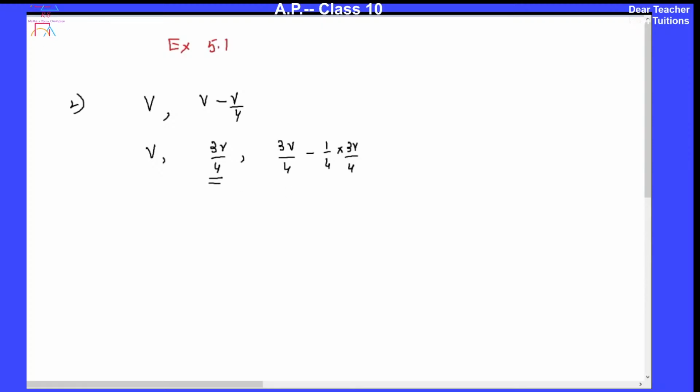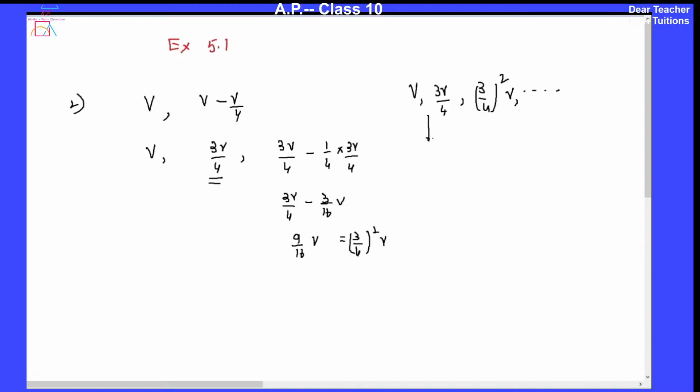Now next time, out of this, 1/4 of the volume is removed. So 3V by 4 minus 3V by 16 gives 9 by 16 V, which is equal to 3 by 4 whole square V. So we are getting V, 3V by 4, then 3 by 4 whole square V, and so on.